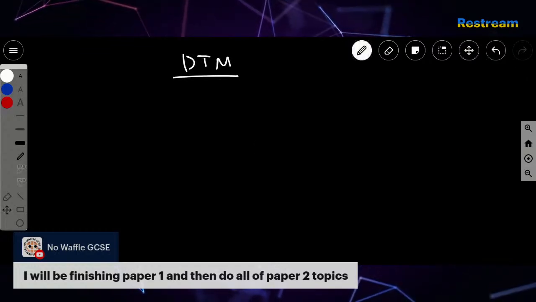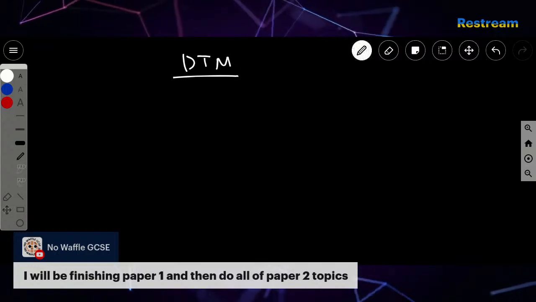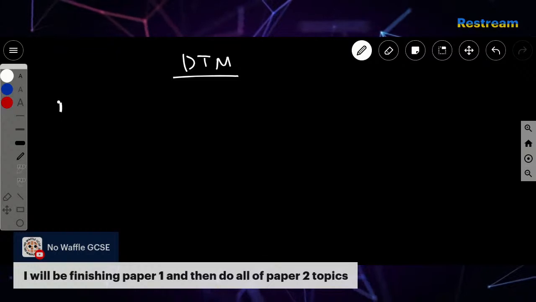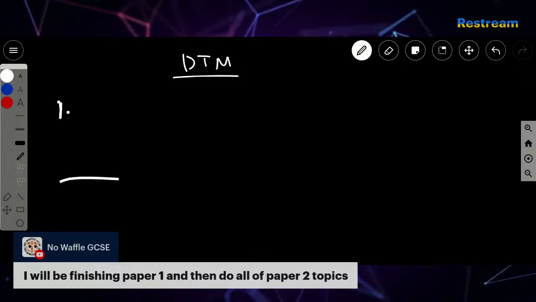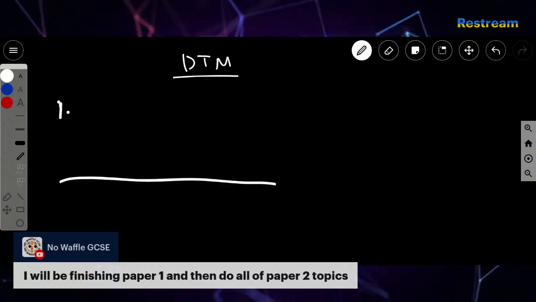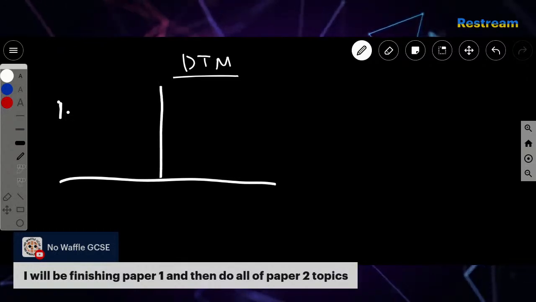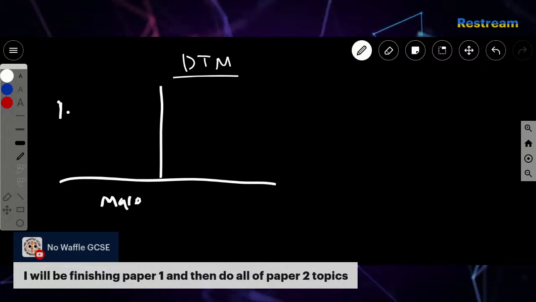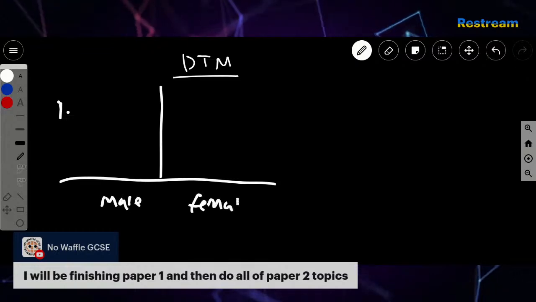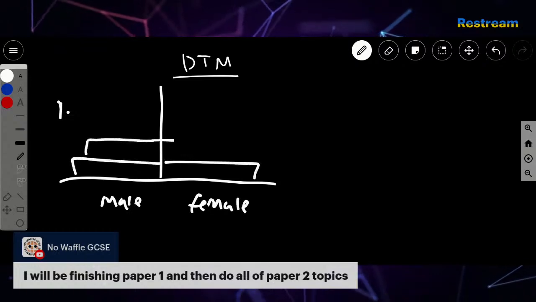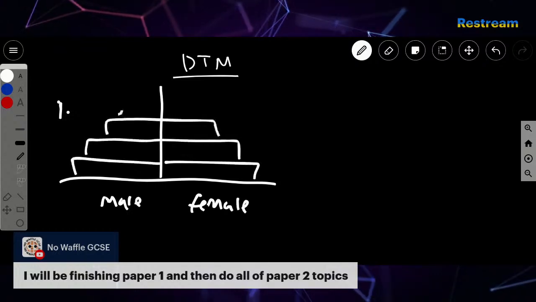So, stage one of a country. This is what we call a population pyramid, and you have a line here and a line here. The line in the middle separates the male and the female. You have bars going horizontally, and they depict the different ages.